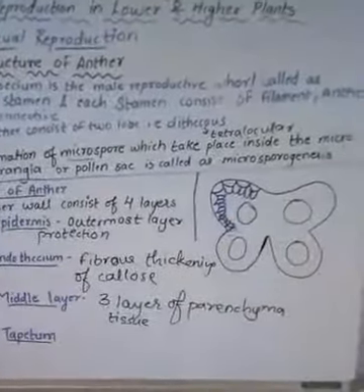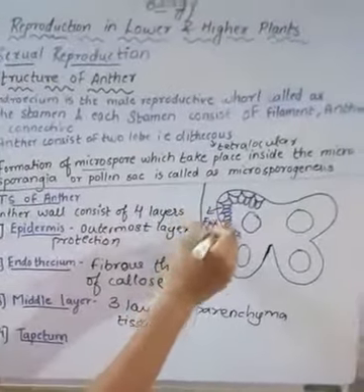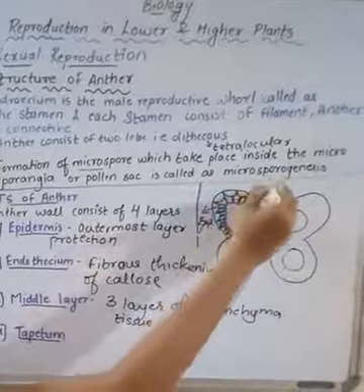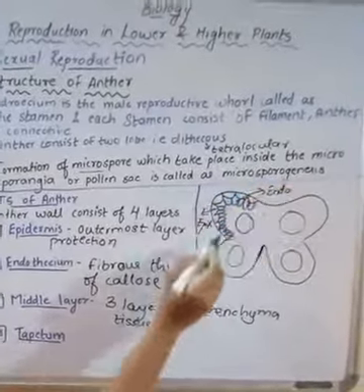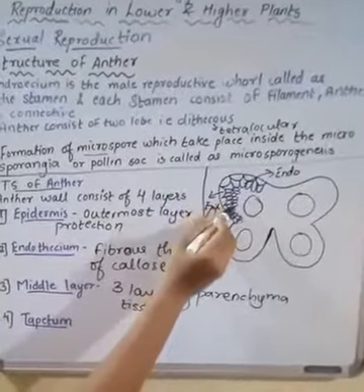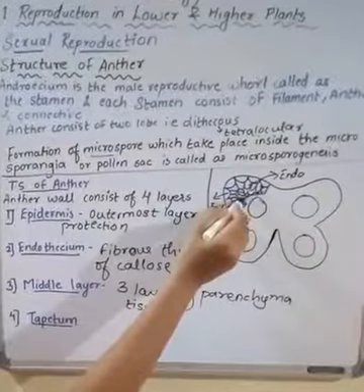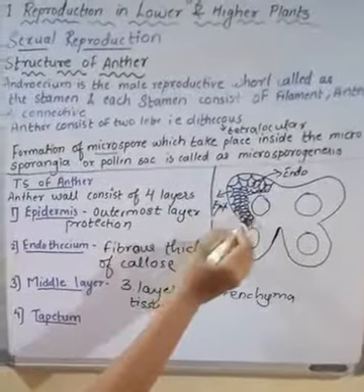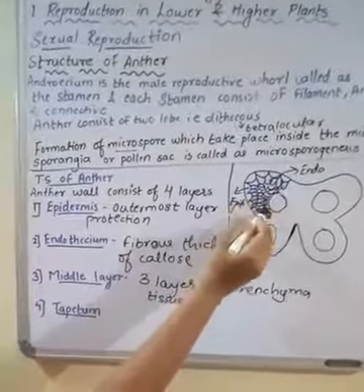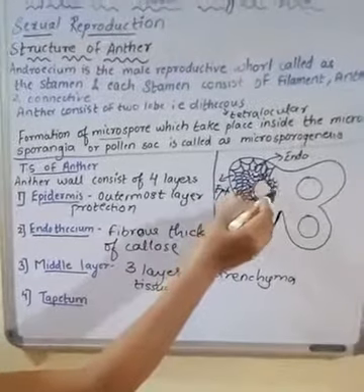The first layer we have seen is the epidermis, the second layer is the endothecium. Now there will be parenchymatous tissue, three layers of it: one layer, two, and the third one. They all surround the microsporangia.